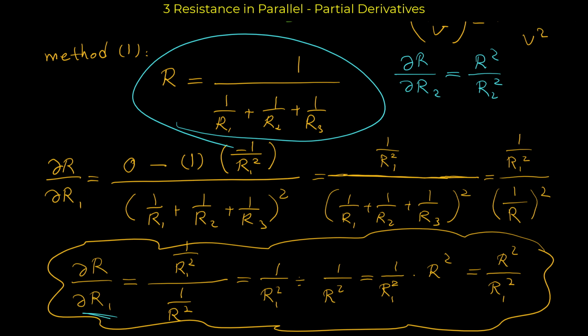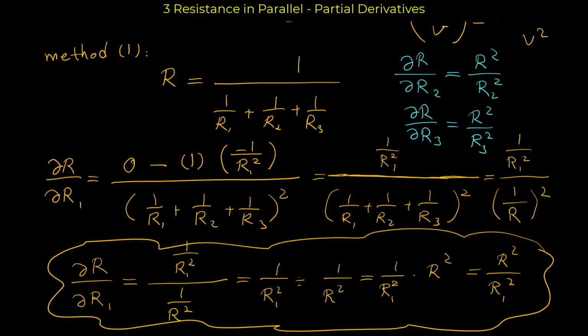When it was r1, we got r1 to the 2. Now that it is the second resistance, it should be simply r2 to the 2. And what would be the partial derivative with respect to the other resistance? The partial derivative with respect to r3 would be r to the 2 over r3 to the 2. This was one method for doing this question.